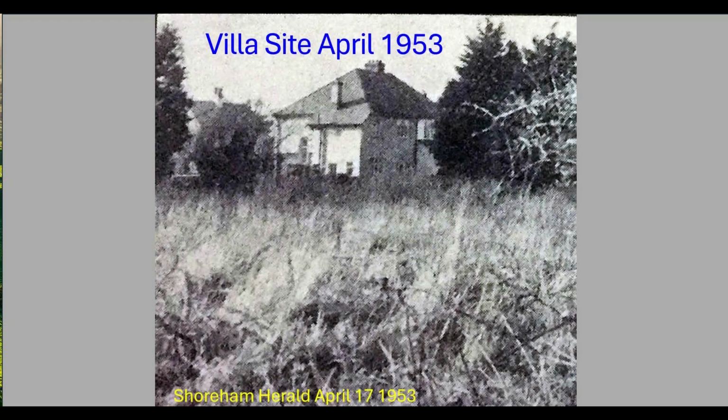A once splendid Roman villa became a home for brambles. At this time, 1953, the site was owned by the Sussex Archaeological Trust, who, for whatever reason, had chosen to simply leave it as a derelict eyesore while they negotiated the sale of the land to property developers.